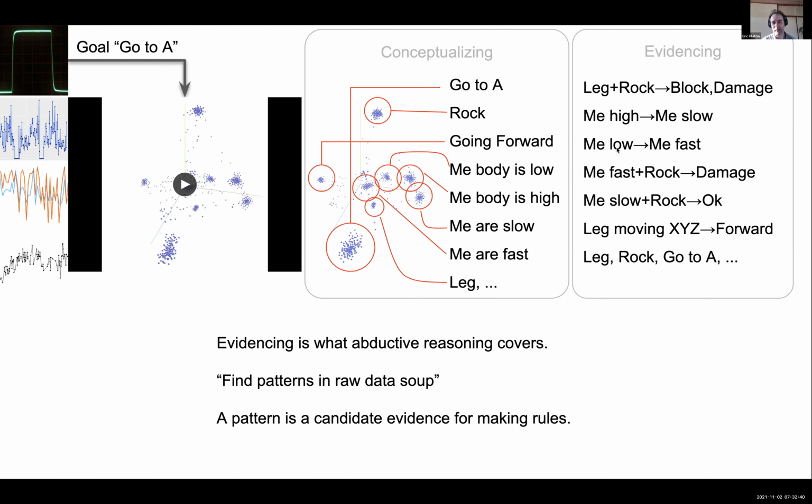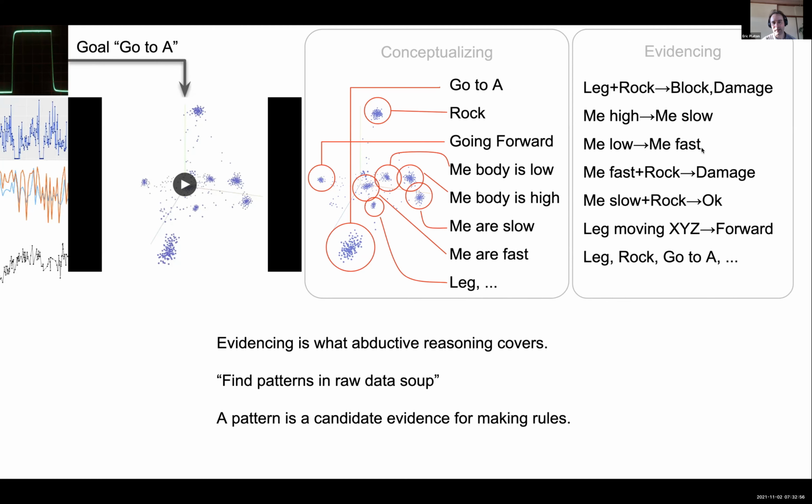On the contrary, being low leads to being fast. And this is just another soup, but with a bit more structure. A lot of things will be discarded by being incorrect or useless at this point in time.